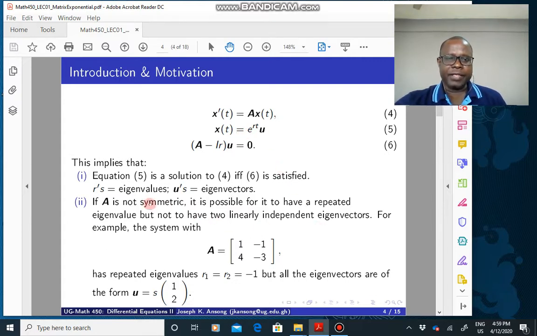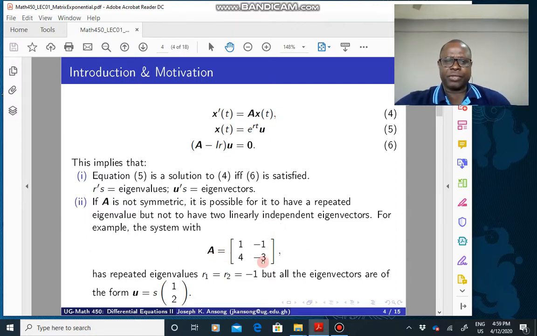Now, if A is not symmetric, we mentioned this also in class, it is possible for the system to have repeated eigenvalues but not to have two linearly independent eigenvectors.